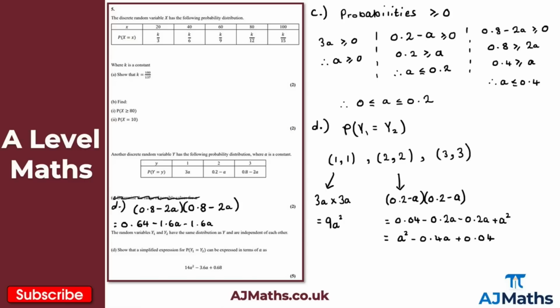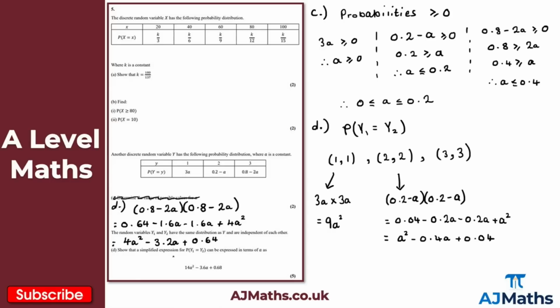And then finally, minus 2a times minus 2a, that gives me plus 4a squared. So if we simplify all this here, I'm going to get 4a squared, minus 3.2a, and then finally 0.64.